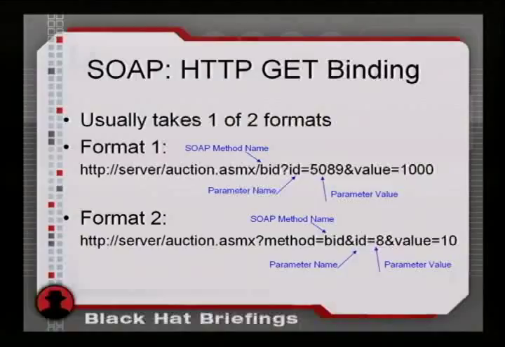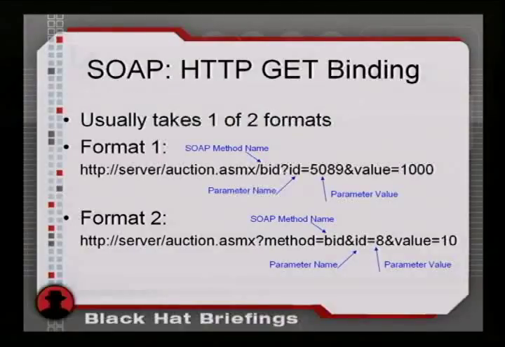So if you think about this, this has all the same problems that we discussed earlier, where you could put this as the source of an image or any place where a URL is used, send that to the victim, and then when that URL is evaluated, that SOAP method would be called into. The first format is how ASP.NET does it, and a few other frameworks do it.